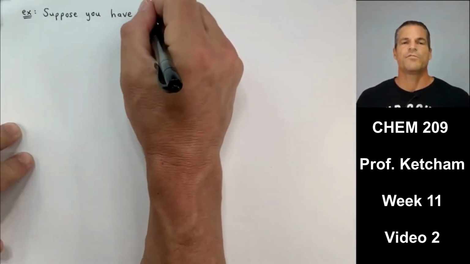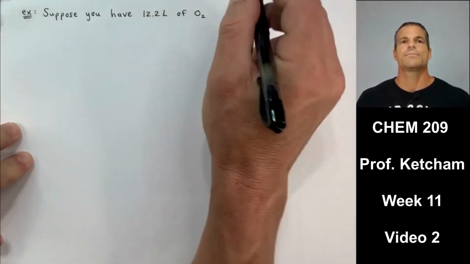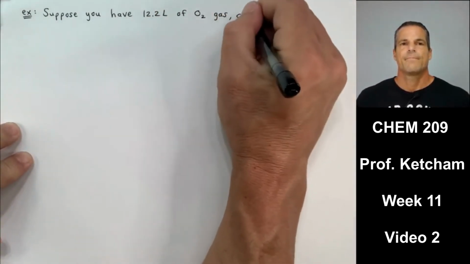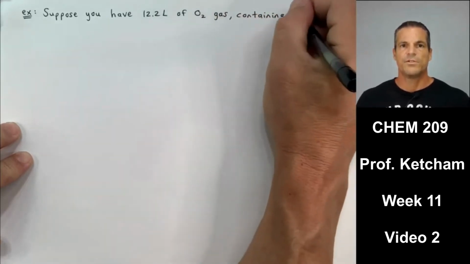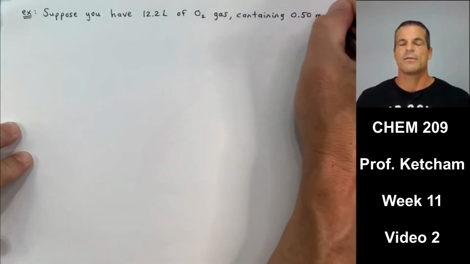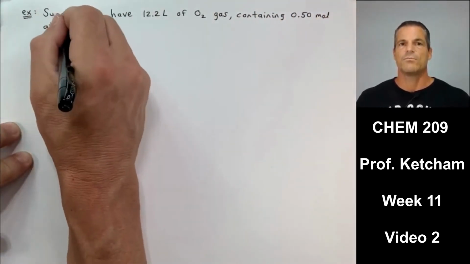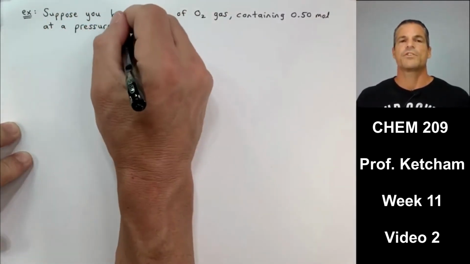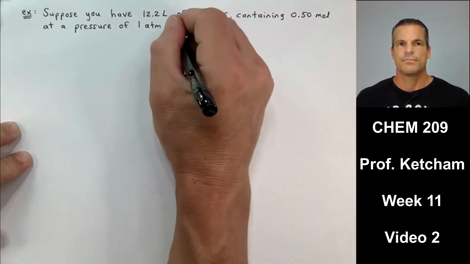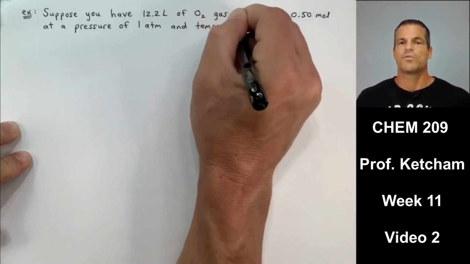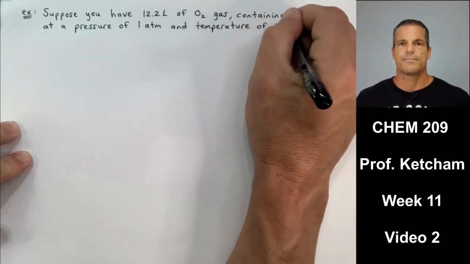Suppose you have 12.2 liters of O2 gas, containing 0.50 moles at a pressure of 1 atm and a temperature of 25 degrees Celsius.